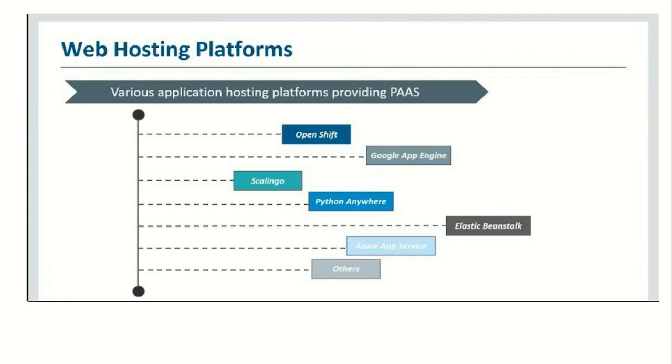Actually, before AWS, I always preferred Google App Engine because it is easier. In Amazon we have to register, give our debit card or credit card details, and they deduct some money. But in Google App Engine, it is much easier, I think.